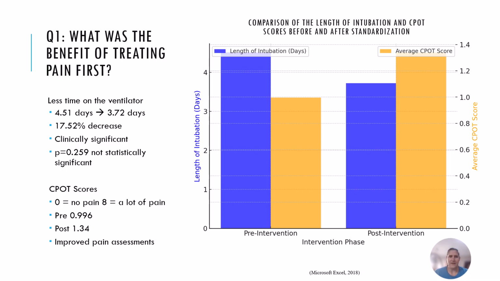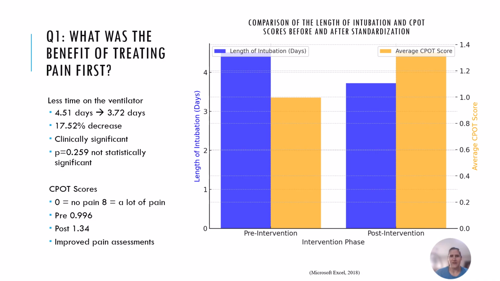The data suggested a potential clinical benefit of treating pain first by reducing the amount of time patients spend intubated, but due to the small sample size and study limitations, the effects were not clinically significant. According to the PDIS guidelines, prioritizing pain management is crucial.